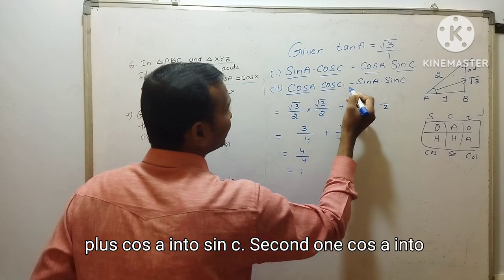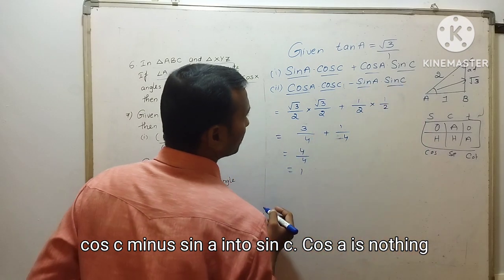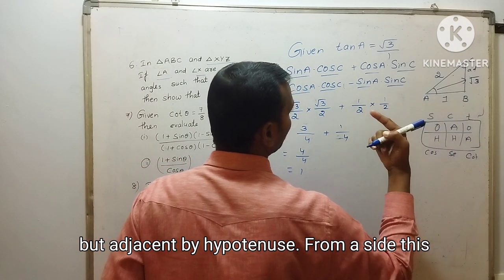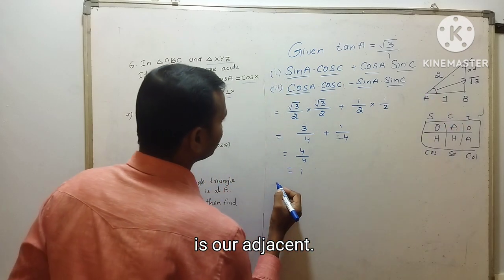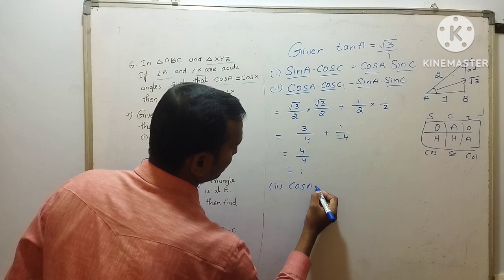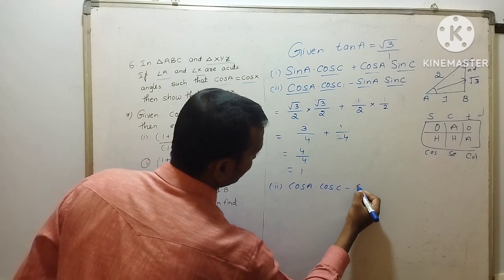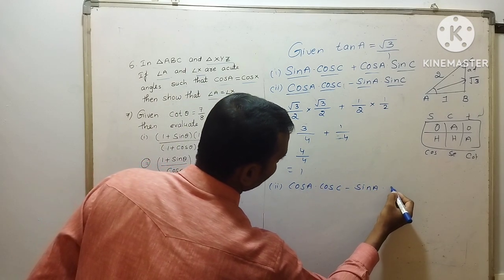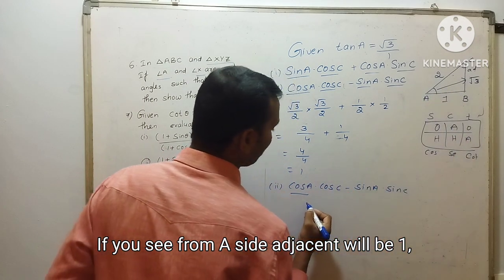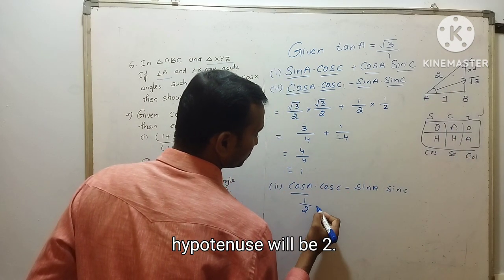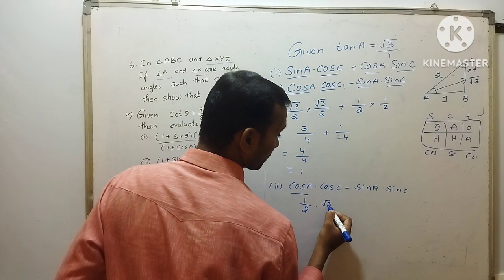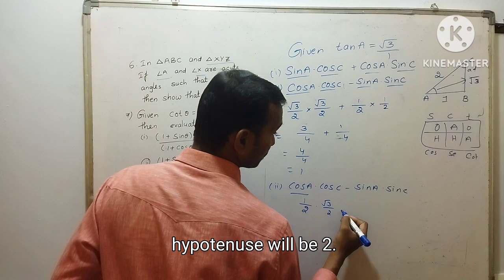Second one, cos A into cos C minus sin A into sin C. Cos A is adjacent by hypotenuse. From the A side, adjacent will be 1, hypotenuse will be 2. From the C side, adjacent will be root 3, hypotenuse will be 2.